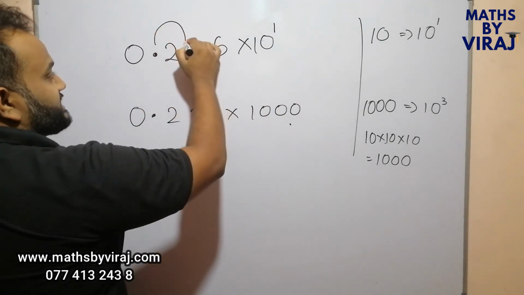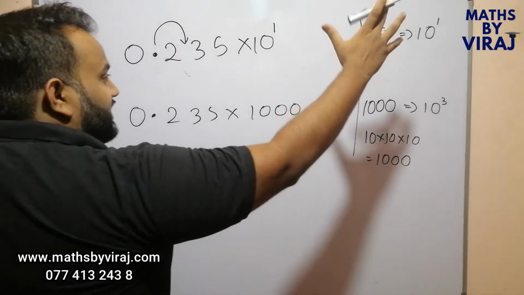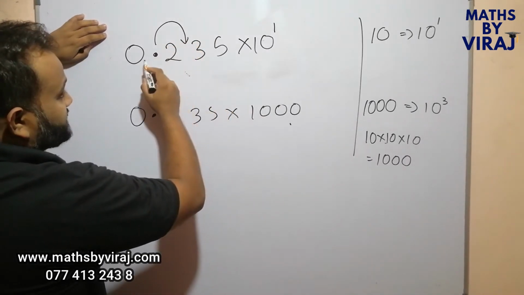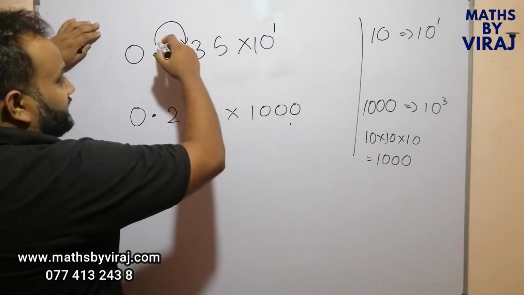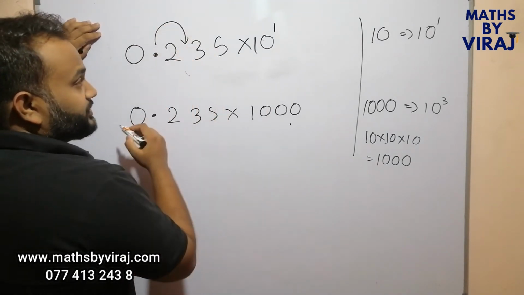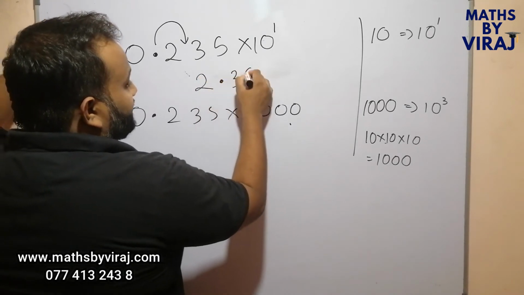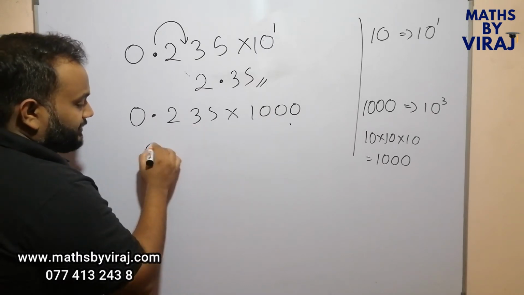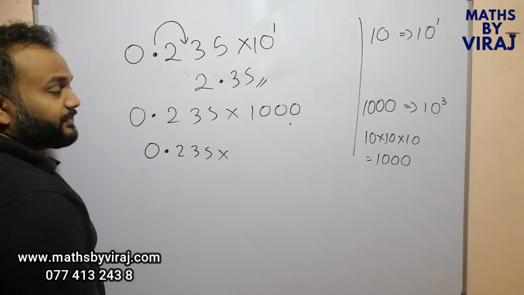The decimal point jumps once to the right. This is my right hand, this is my left hand. Therefore, when 0.235 is multiplied by 10, that is 10 to the power 1, the decimal point jumps to the right, and the answer is 2.35.